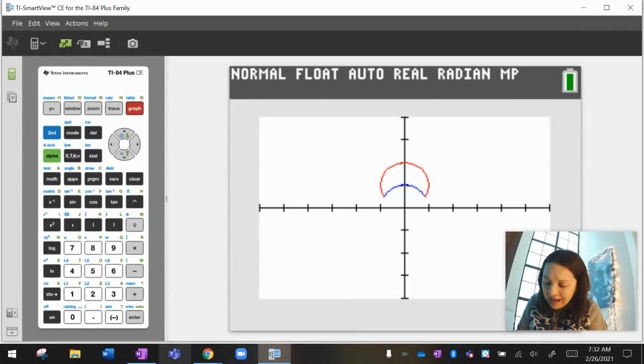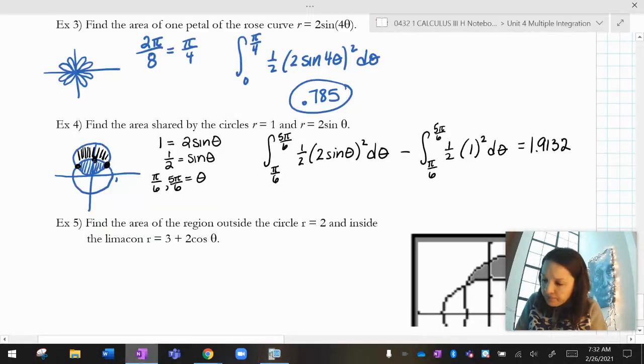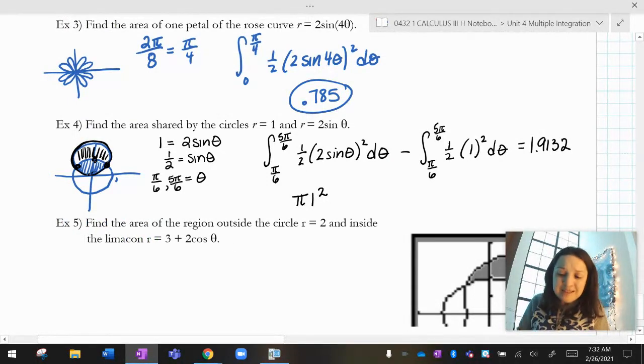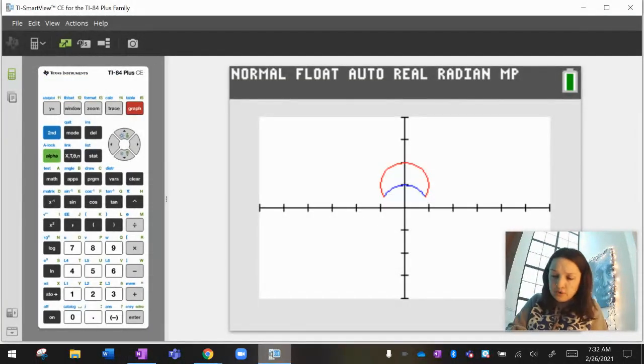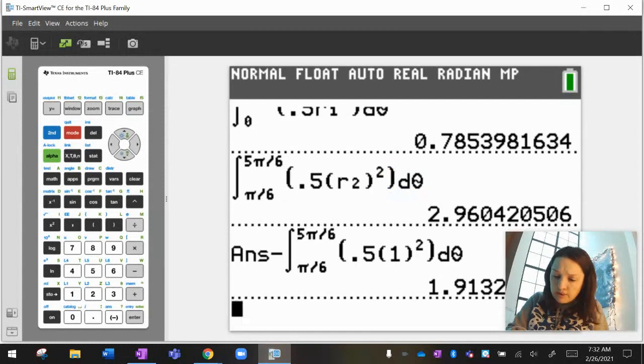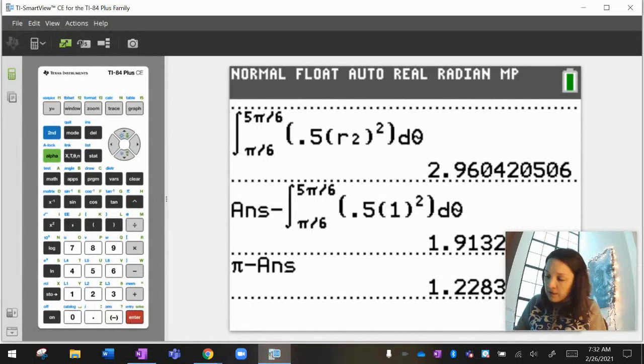So the entire region would be pi r squared, and that would give me the area of this entire circle. And then I'm going to subtract that value we just got. So I'm going to go back here and say pi times 1 squared is pi, minus the answer we just got is 1.228.